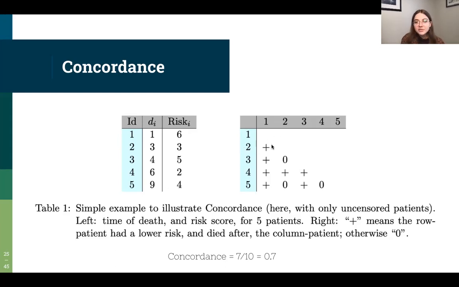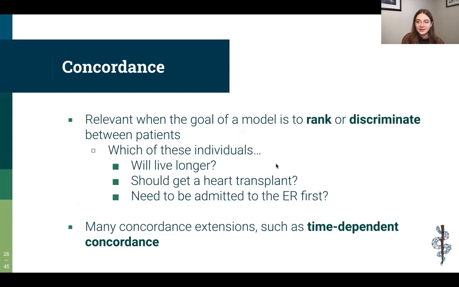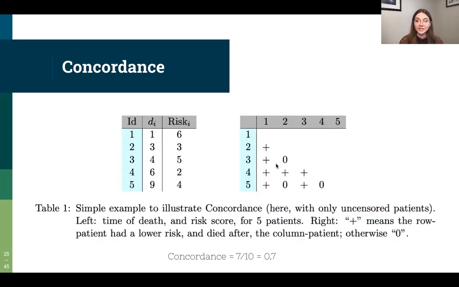Once you have all of these comparisons made, you sum up all of the times that the model correctly ranked 2 different patients and divide that by the total number of comparisons. In this case, it got 7 of these rankings correct out of 10. Therefore, the concordance would be 0.7.